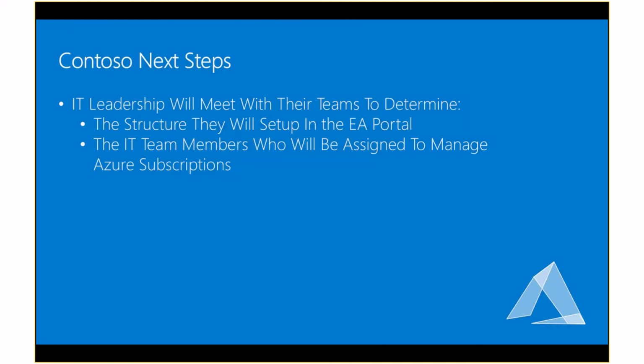The structure we just talked about will be set up in the enterprise portal. And then in the next steps, we're going to talk a lot more about subscriptions. IT team members will be defined that will be able to be assigned to manage Azure subscriptions and resources, or better said, to be able to deploy resources in those subscriptions.